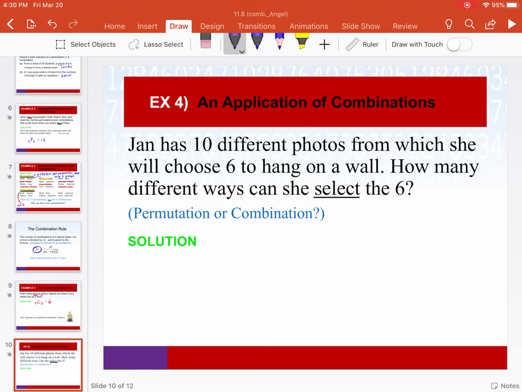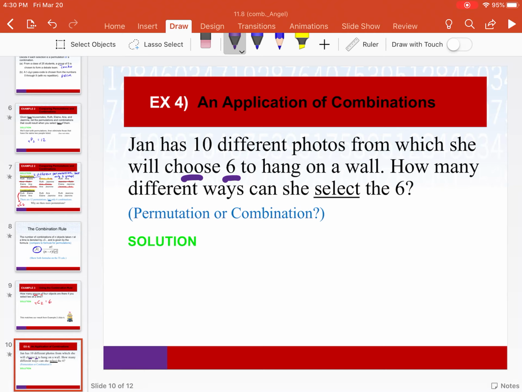This is what you need to be asking yourself. Are we arranging? Now, yes, the photos are going to be hung on the wall, and some of us would probably be a little OCD about how we would arrange them, but it doesn't say you're hanging them. It just says you're choosing 6, and then you're going to hang them. So don't read into the problem. Don't make this difficult, okay?